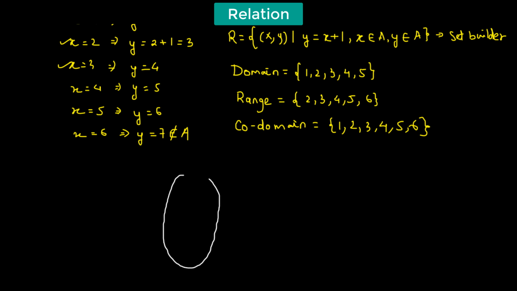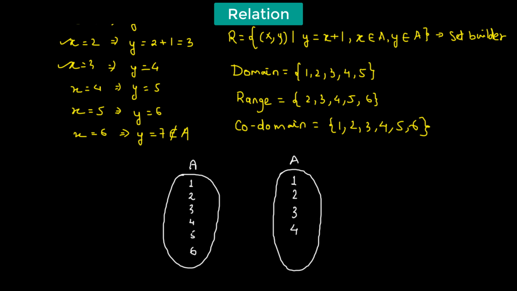We have a Venn diagram for the set A, and we list all the elements contained in that set: 1, 2, 3, 4, 5 and 6. Then we have the same set A represented in another Venn diagram, and we list all the elements present in set A, 1, 2, 3, 4, 5 and 6.